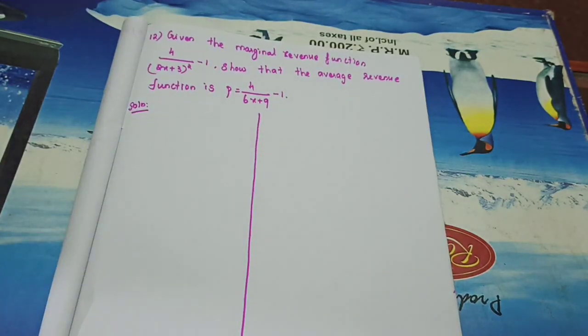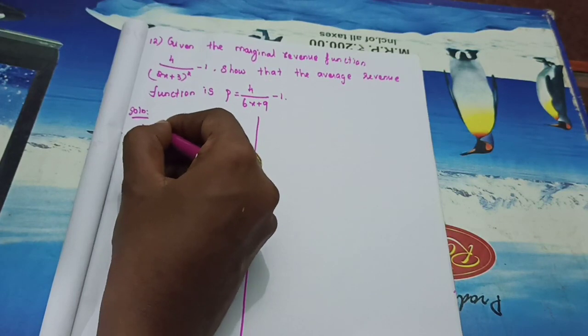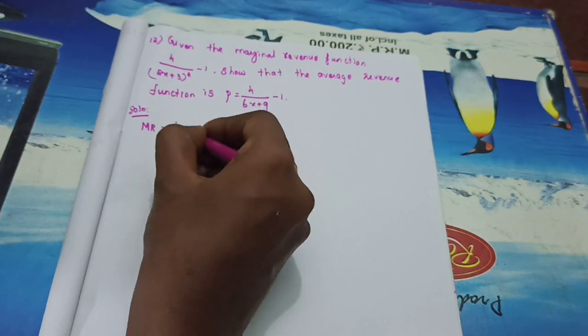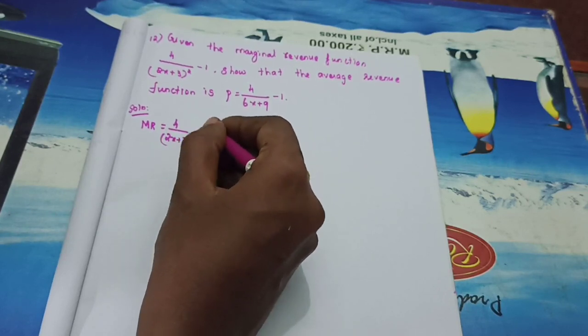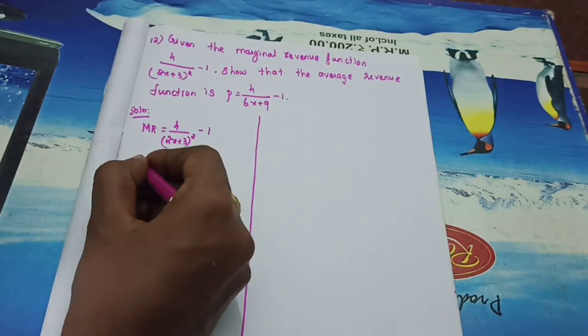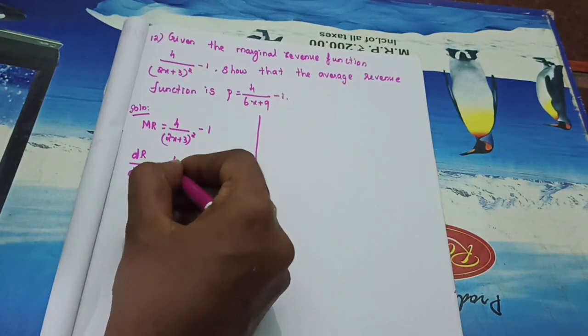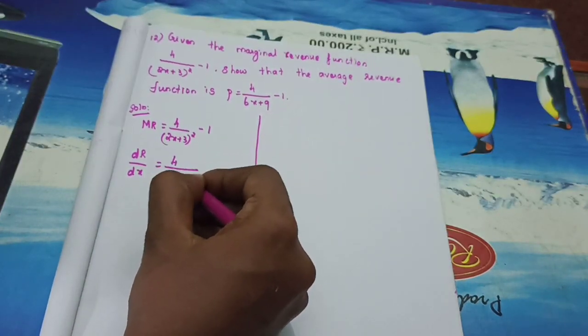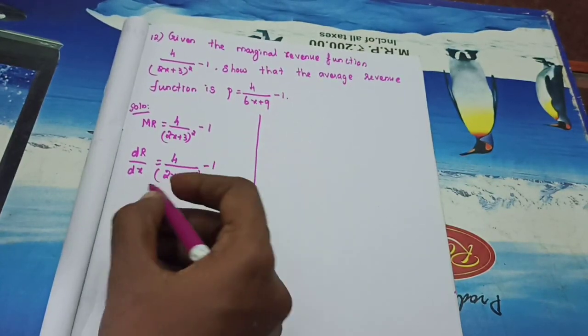What's the marginal revenue function? It is given in your question. First you write it. MR is given as 4 by (2x plus 3) the whole square minus 1. MR means dr by dx is equal to 4 by (2x plus 3) the whole square minus 1. So you can integrate it.